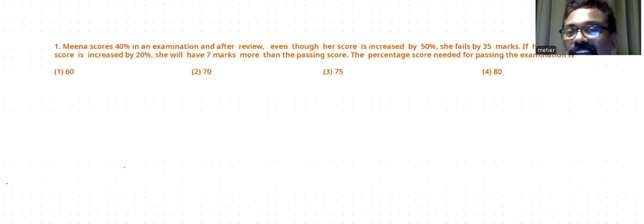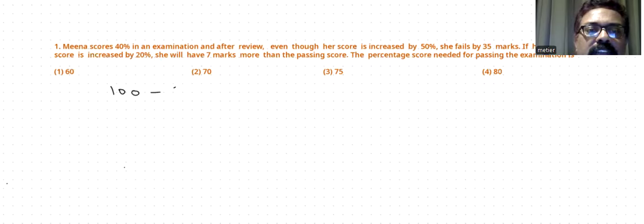So the first technique that we have discussed, that whenever we have comparative data like percentage, you can go with a suitable assumption. Let's go with 100 here. Say Mina scored, the total marks of the exam is say 100. And initially Mina scored 40%, means 40.